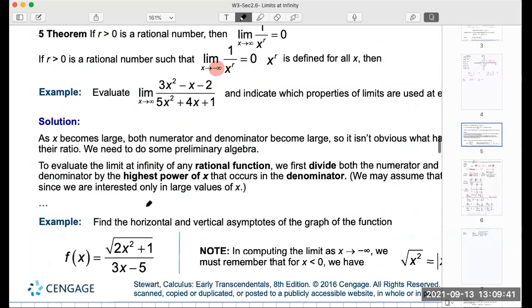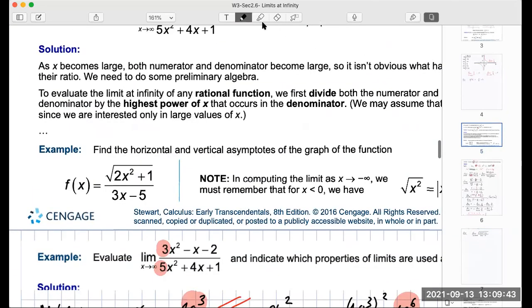This is the example we are doing in the slide. Find the horizontal and vertical asymptotes of the graph of this function, right?